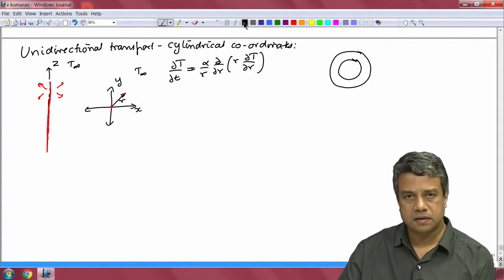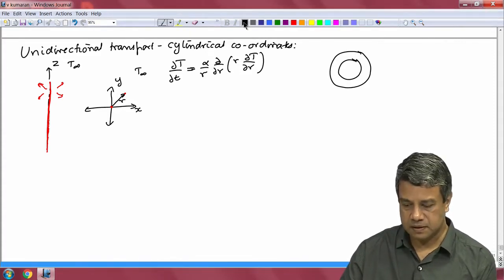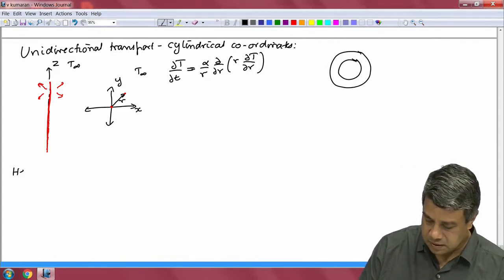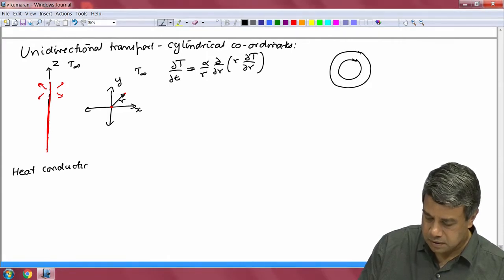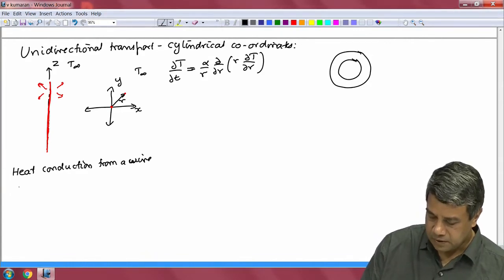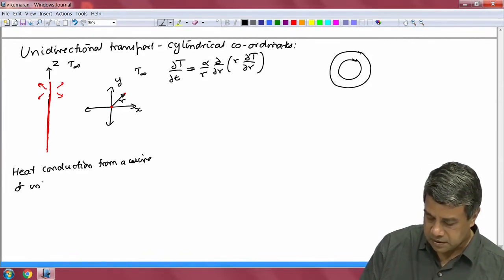For more definiteness, let me define the problem precisely. This is heat conduction from a wire of infinitesimal thickness.